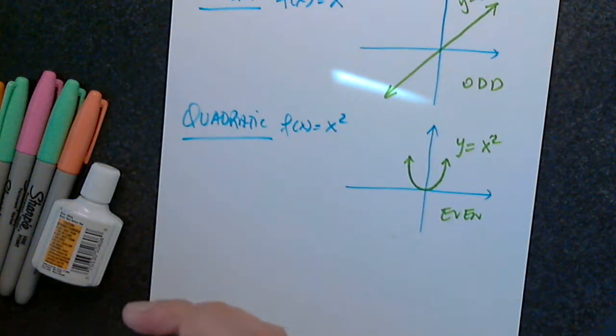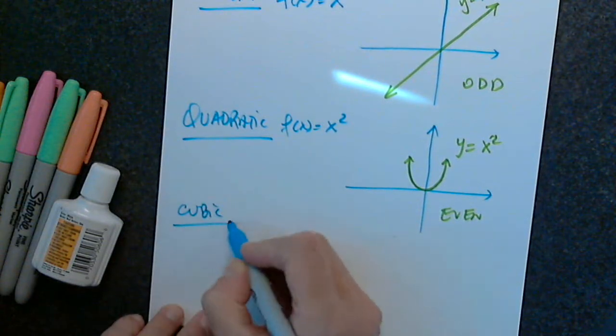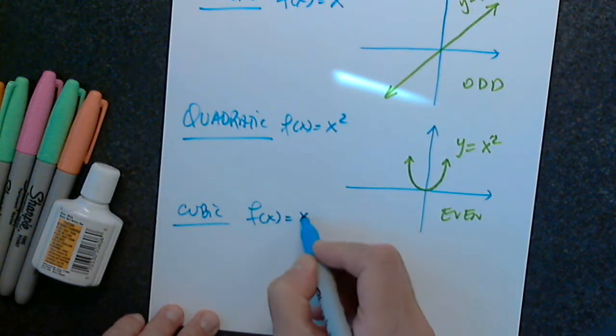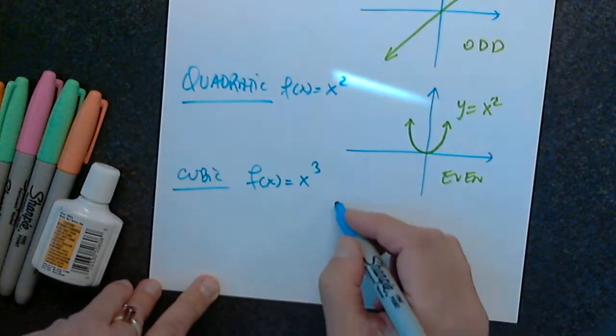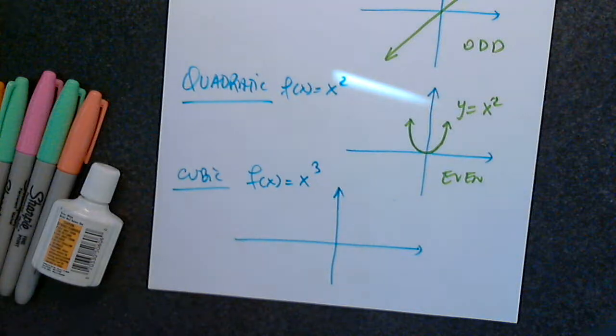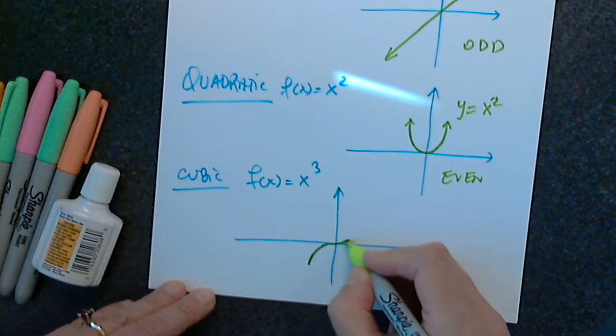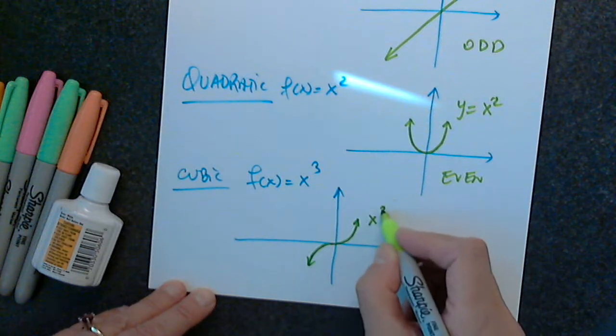Can anyone give us the simplest possible cubic function? Very good. Of course. Makes sense. We know this graph. Again, we used it at symmetry before. Here it is. Please pay attention how I graph this function.